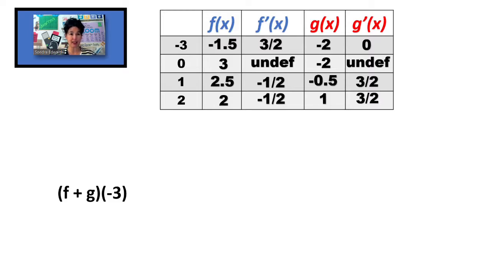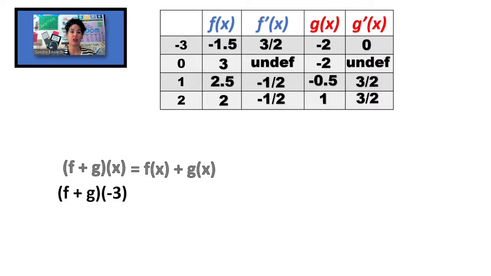So we're being asked here to find f plus g evaluated at -3. What that came from is we are replacing the x with -3. Now f plus g of x really means f of x plus g of x.